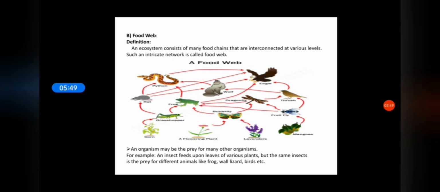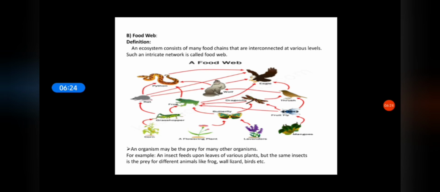Let us study about food web. An ecosystem consists of many food chains that are interconnected at various levels. Such an intricate network is called a food web. In a food chain, only one possibility of an organism being eaten by another organism is represented. But actually an organism may be the prey for many other organisms, as we can see in the figure below.